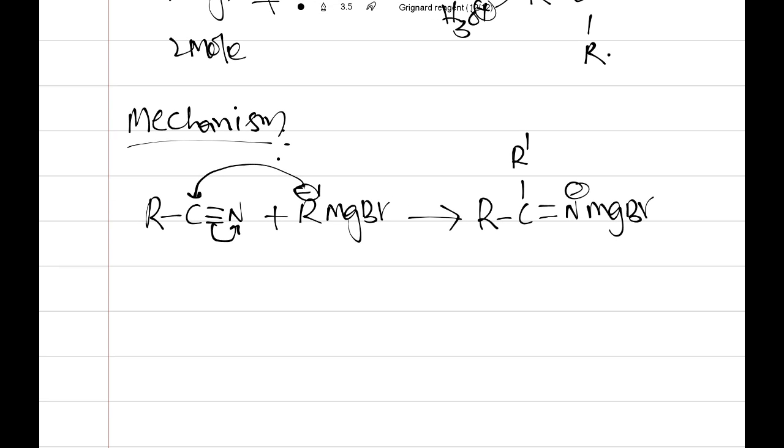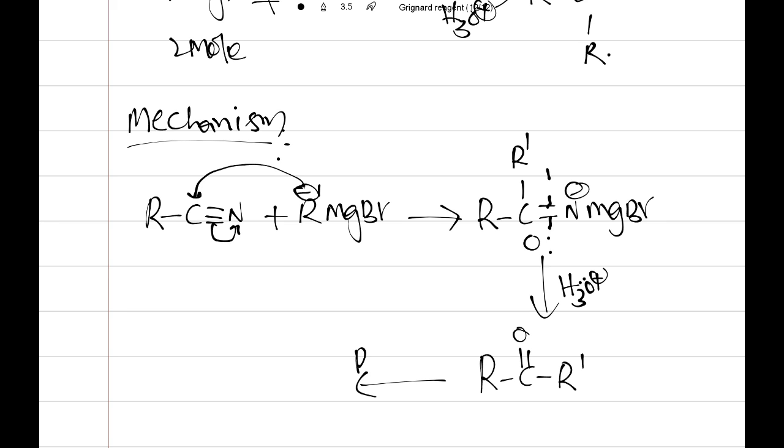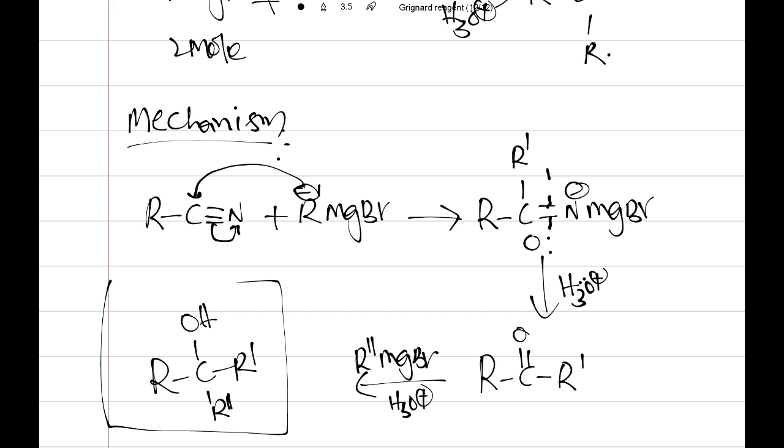Now on hydrolysis, this bond will get cleaved and two hydrogens attach to the nitrogen, and oxygen will come here, and simply we can get RC double bond O R dash. And this mechanism you know from the ketone, how we can get the tertiary alcohol. Followed by hydrolysis, we can get the tertiary alcohol, R COH, with R double dash and R dash. So this is the tertiary alcohol formation taking place.